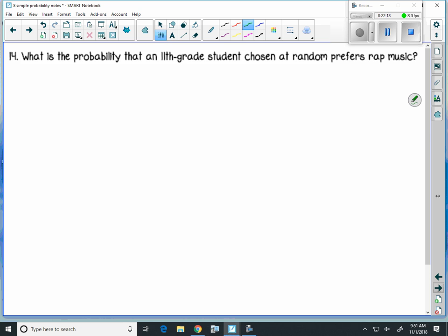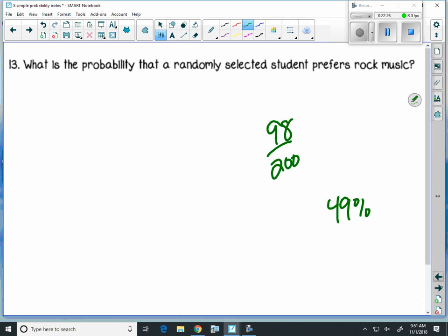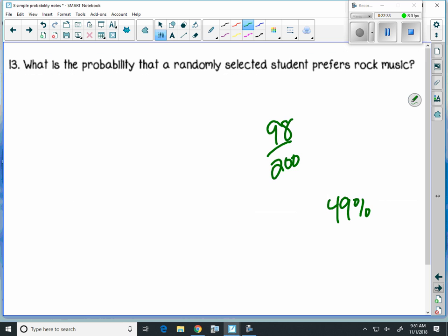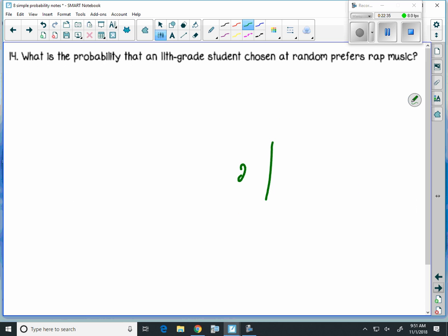Oh yeah, at random. Okay, so they want it out of the 11th graders. I need to see that. I need to have my own paper here. So 25 out of 50. Yep. So that is 50% chance.